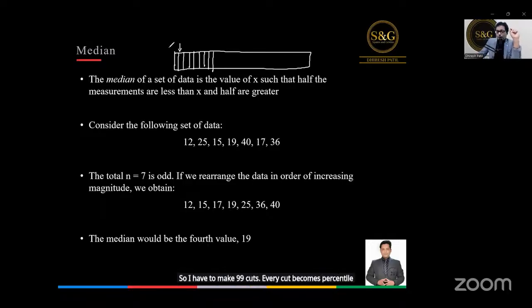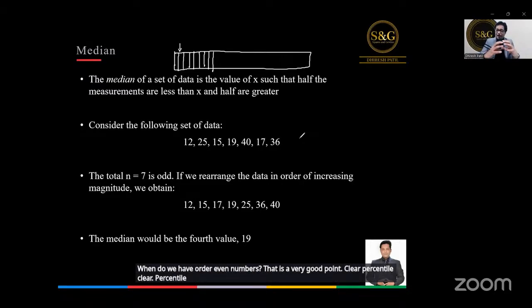Clear? That's a very good question, Abhishek ji. I will come to this point. When do we have odd and even numbers? Well, that's a very good point. Clear? Percentile clear hai? Percentile meaning if I arrange the data and divide it into 100 equal parts, every part becomes a percentile. Clear?